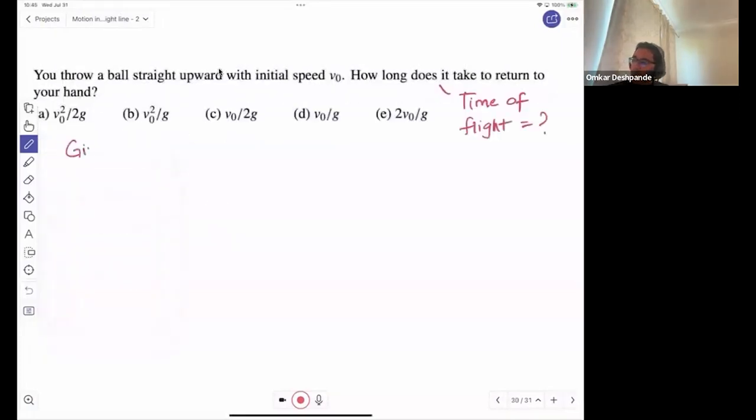What you are given is the initial speed v0, and even if it's not mentioned, you can assume that you're given the acceleration due to gravity, which is always going to be minus g.